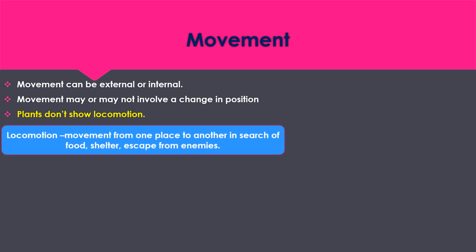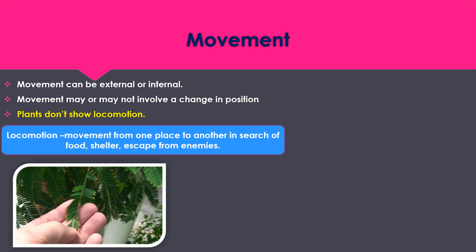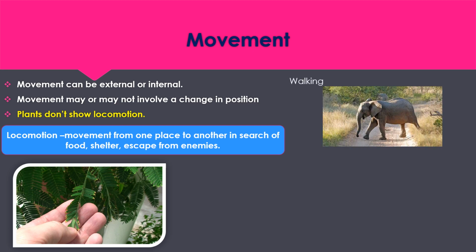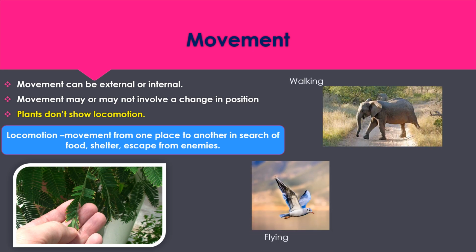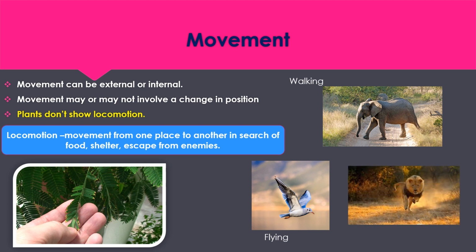Locomotion is the movement from one place to another in search of food, shelter, escape from enemies. This picture is of a touch-me-not plant which shows movement when it is touched. There are many movements that we see in our daily life, like walking, flying, and running.